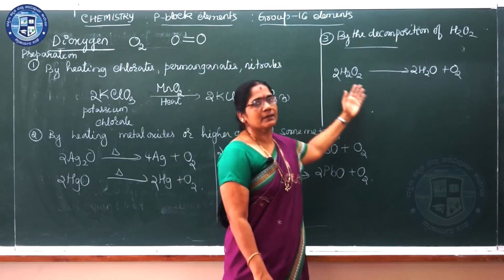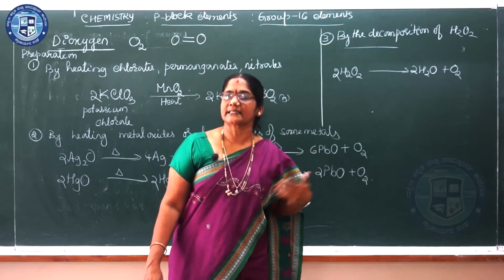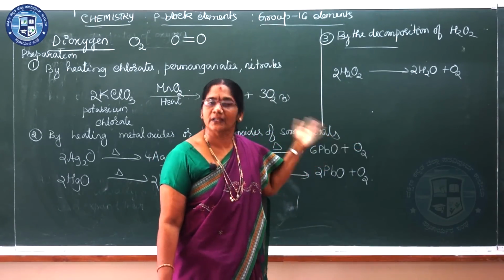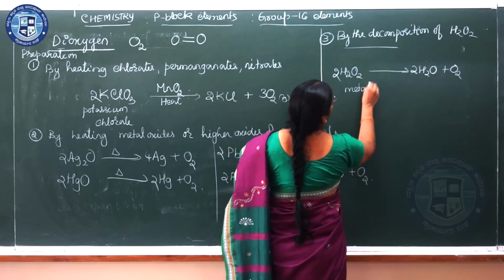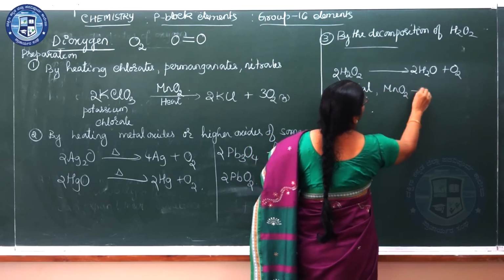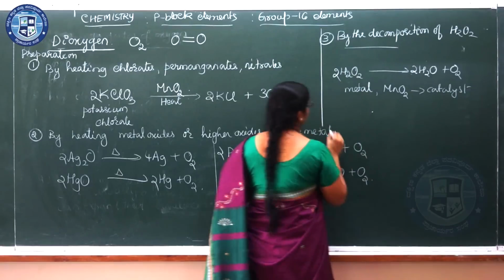If hydrogen peroxide is kept for a long time also, slowly oxygen gets evolved in it. So in the presence of catalyst, the decomposition will be faster. We can use any metal catalyst, or even manganese dioxide can be used as catalyst in decomposition.